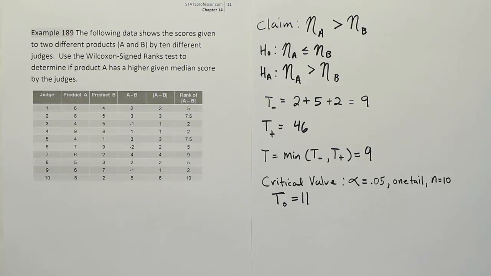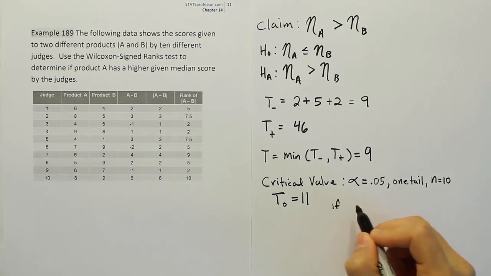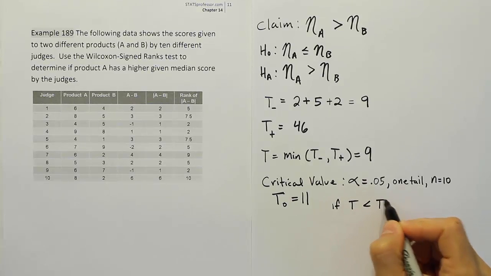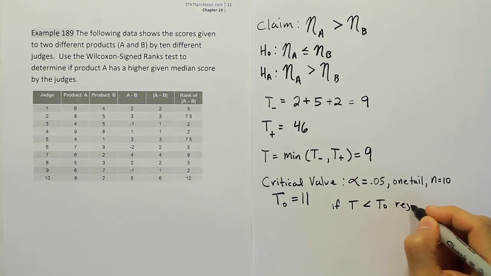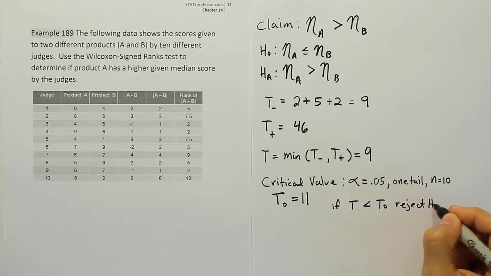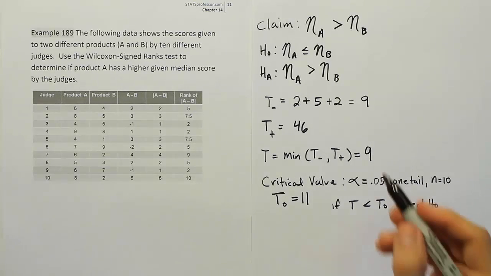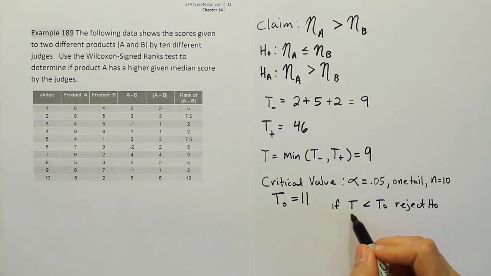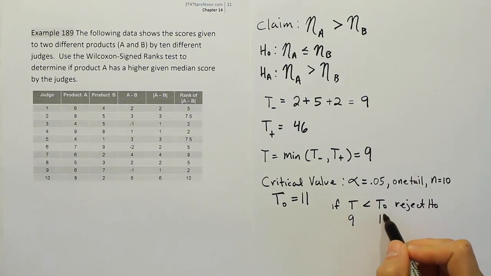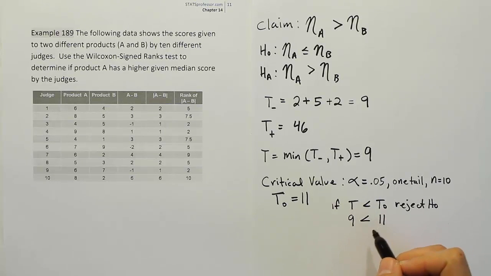And remember the rule, if T is less than T0, we're going to reject H0. Otherwise, we do not reject H0. And in this scenario, I think that's true, right? We can see that T is only 9, while T0 is 11. So since it's less than, we're basically able to reject. And it's actually less than or equal to. Sorry if I just put less than. It's less than or equal to.